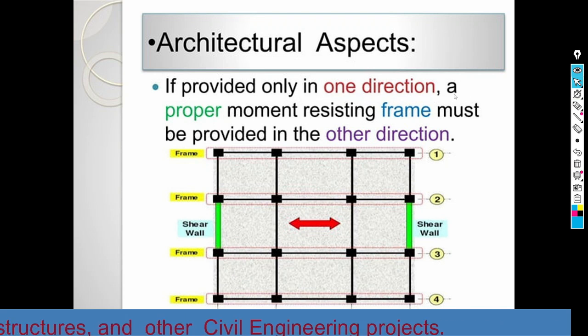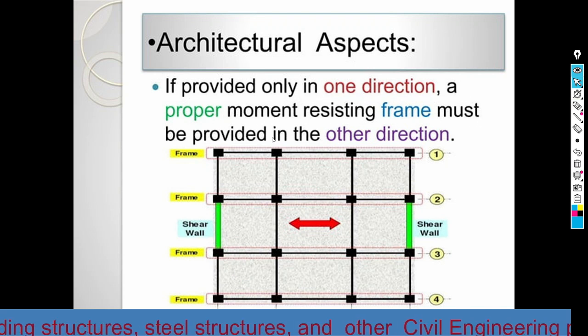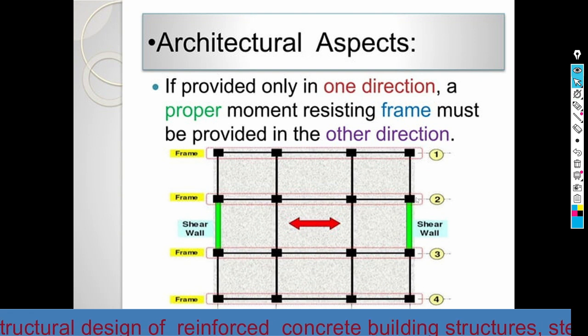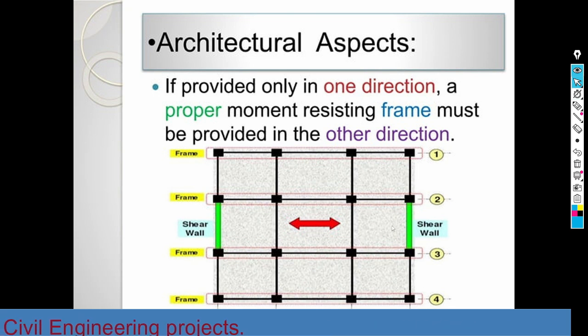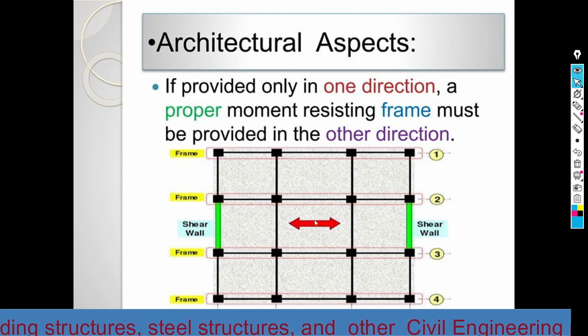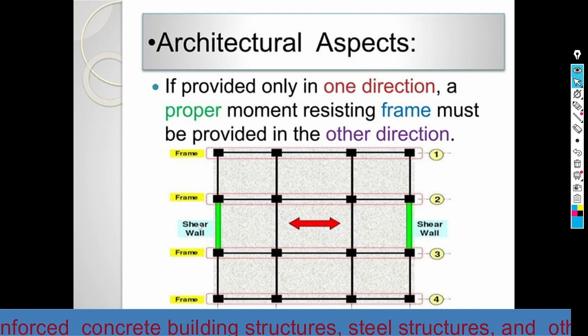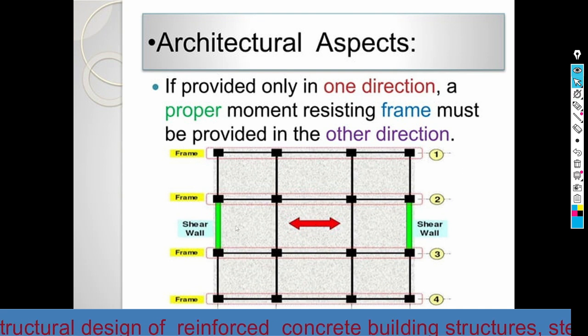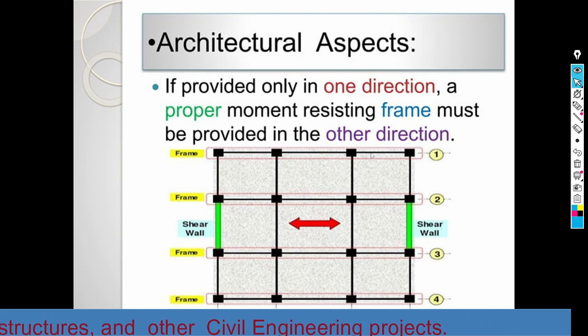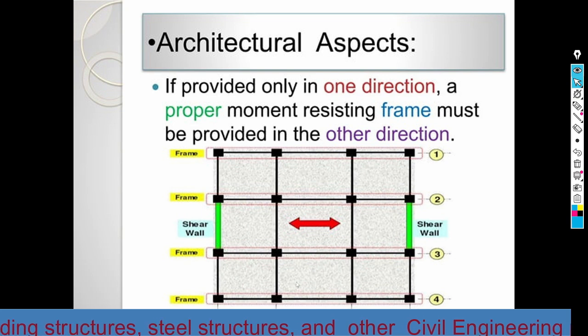If provided only in one direction, a proper moment resisting frame must be provided in the other direction. For example, we are providing this shear wall in the X direction. So we are not providing shear wall in the Y direction. So here we need to provide moment resisting frame along the Y direction.